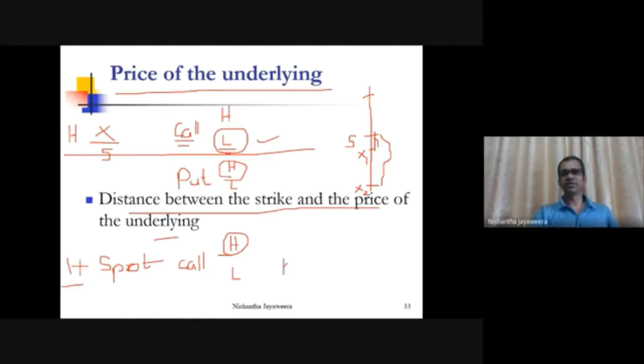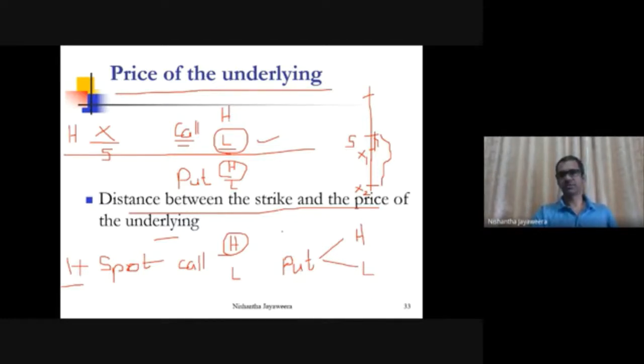So for a put option, higher the spot, what would be the premium? High premium or low premium?